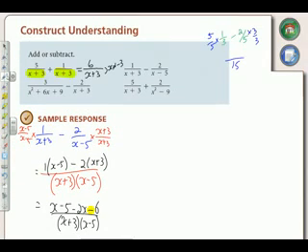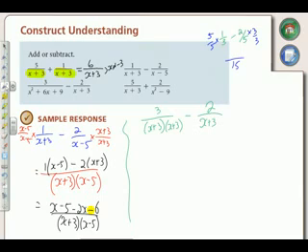Next one. 3 over, we want to factor this. x squared plus 6x plus 9. Quick factoring gives us x plus 3 and x plus 3, minus 2 over x plus 3. My denominator has to include what each of them have.